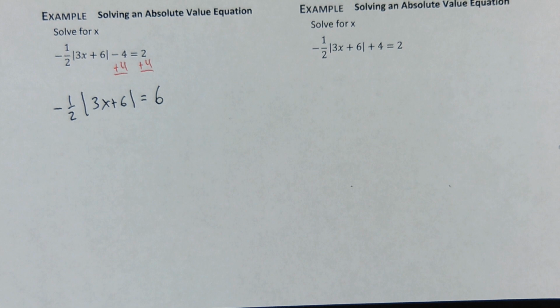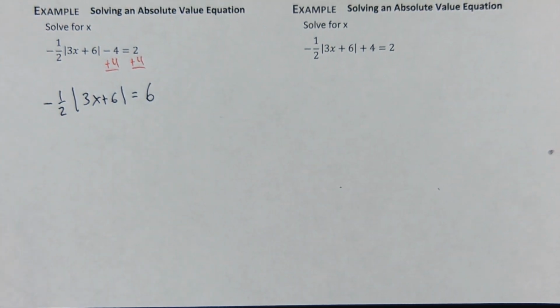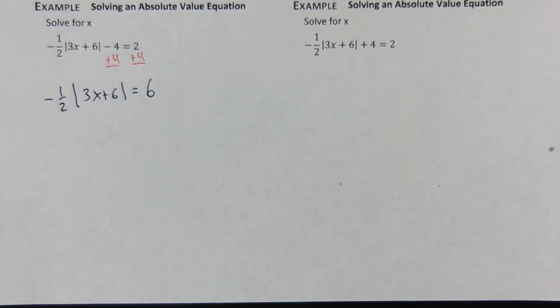This is where we get rid of the negative 1/2. How? Multiplying by what? We could start by multiplying by 2, but it's going to leave the negative sign there. But if we multiply by negative 2, it gets rid of both things.